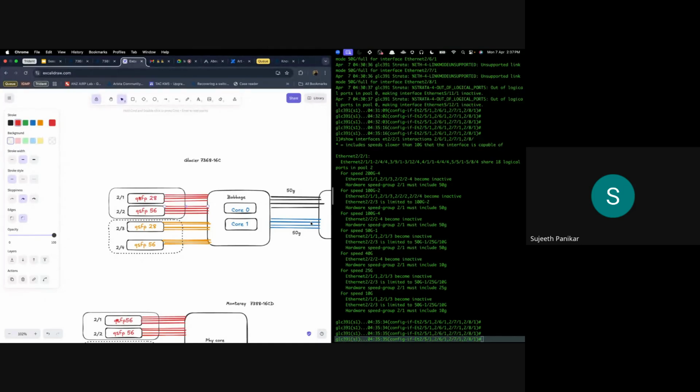It's still carrying electrical signal, still carrying pulses. From a logical point, it's inactive because I can't have an interface called 2/2/2 and give it an IP address, because its electrical signal is being used for 2/2/1 for 200.